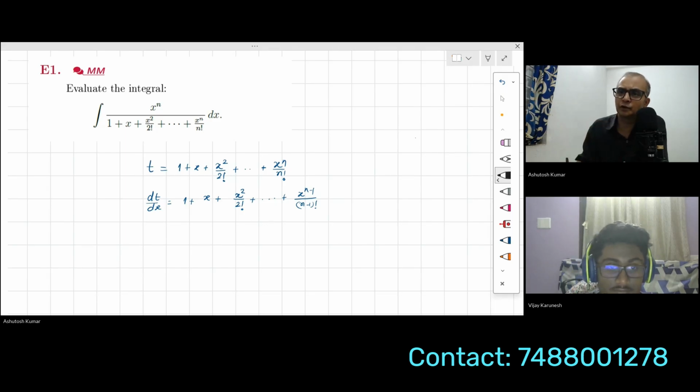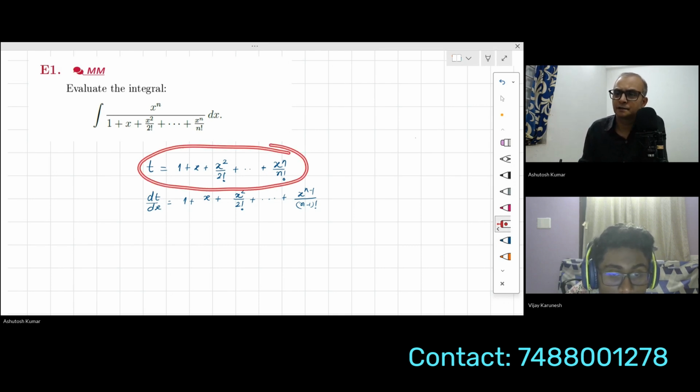You have taken this thing as t. Yes, sir. And if we subtract dt by dx from t, we'll get x power n by n factorial. So x power n we can write as t minus dt by dx into n factorial.